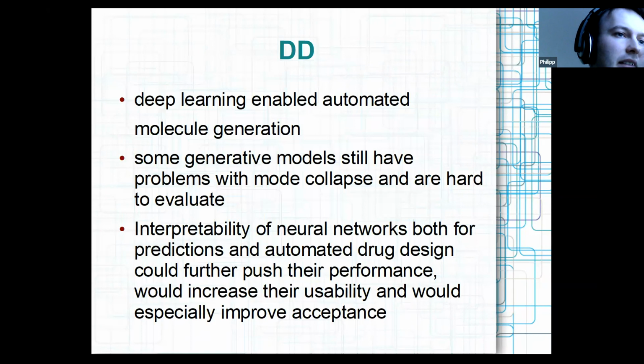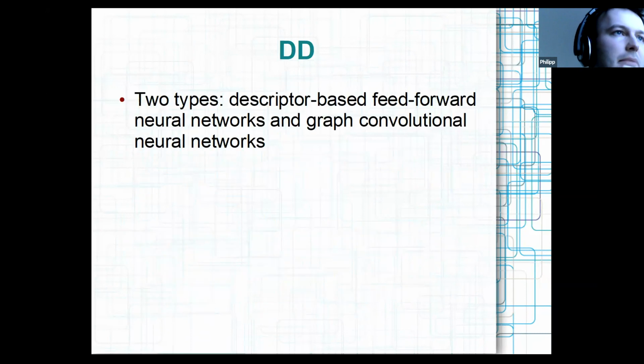And as we've said, if you have interpretable neural nets that not only predict with high accuracy whether a molecule is toxic or not, but could also say why it thinks it's toxic, and even show the human expert the functional groups responsible, that would be really nice.